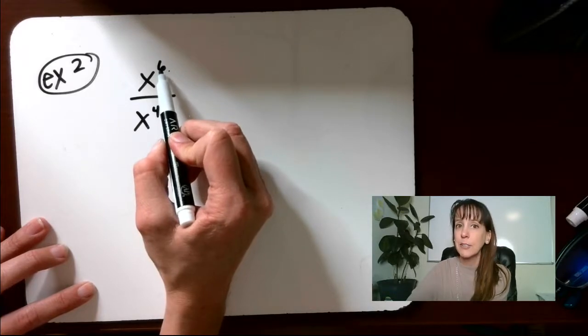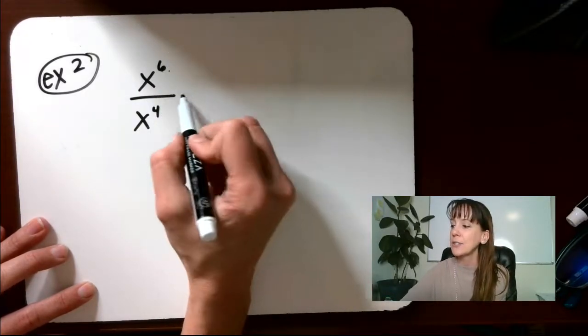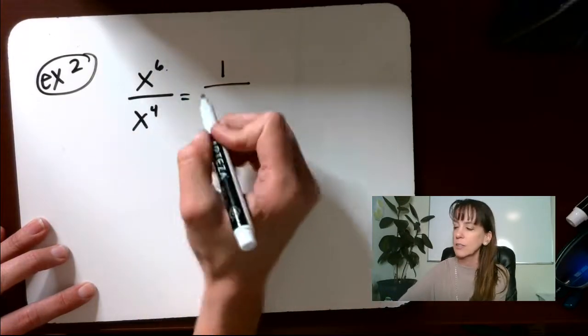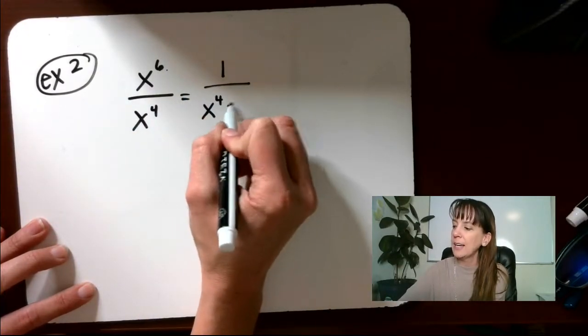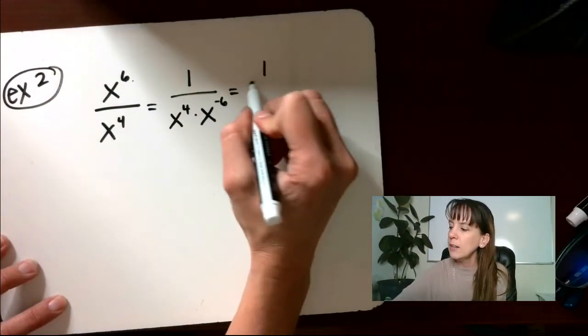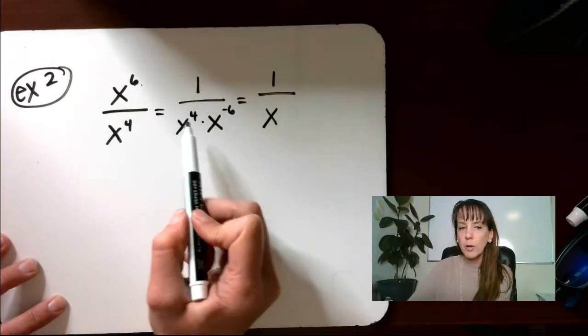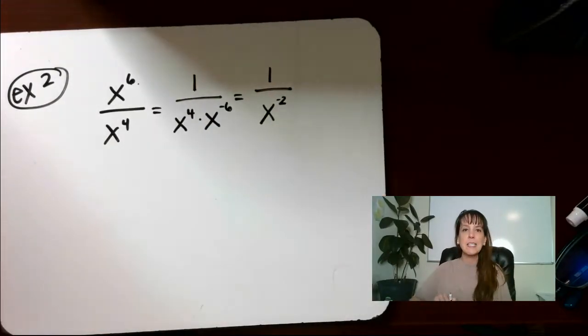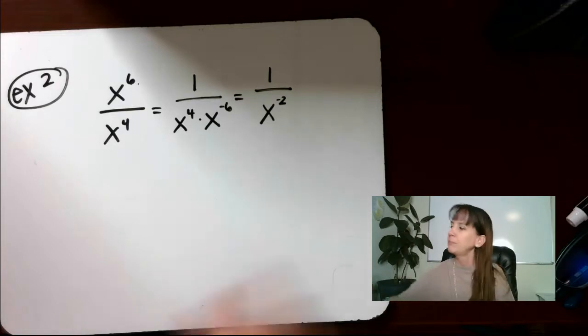Currently it has a positive attitude. If I move it downstairs, it's going to have a negative attitude. So upstairs I have 1 remaining because this whole thing is going downstairs. I have x to the 4th times x to the negative 6, right? If I do that, I get 1 over x, and remember our rules, these get added together. I end up with x to the negative 2. That's everything in the denominator.